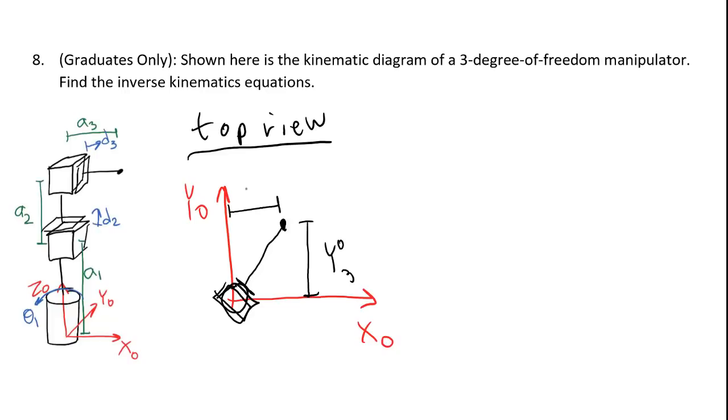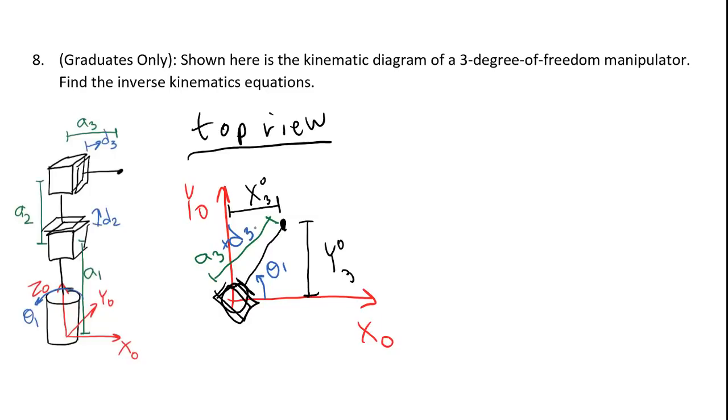And here this is going to be x03, the x position of the end effector. Then for joint variables, here I have theta 1. And then this link length right here is going to be A3 plus D3, and D3 is a joint variable.